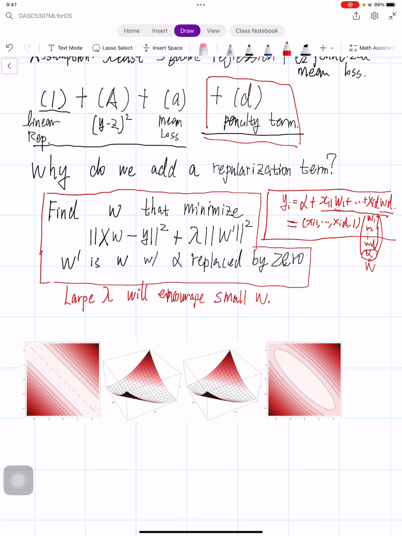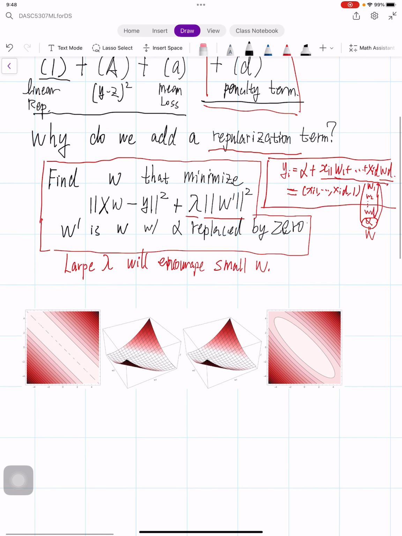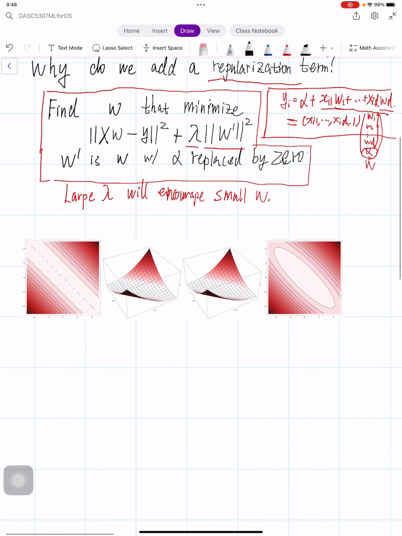If you think about the minimization problem, if you give a constant multiplying the length of this w, a large lambda will encourage small w. This is called regularization. So why do we even want to add this regularization? It's because there are two motivations.